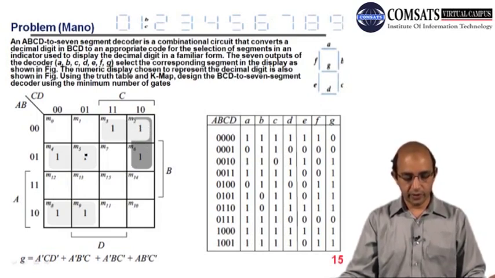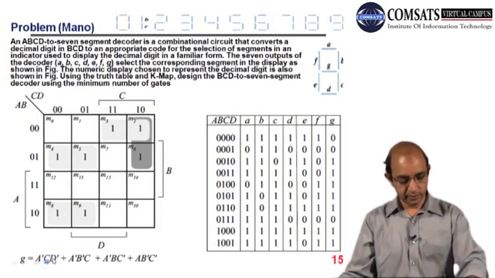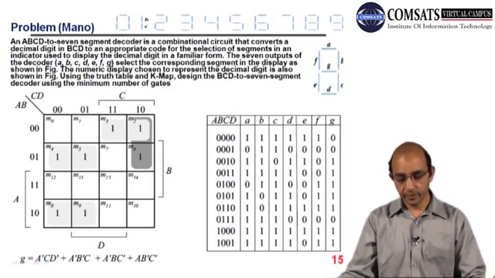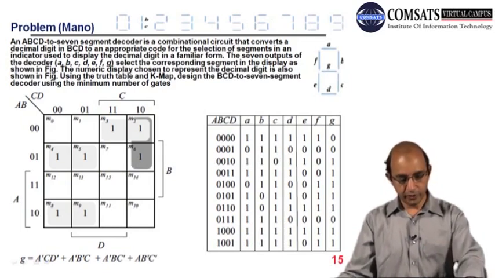So we have 1, 2, 3, 4 different pairs. So we are having 4 terms, each term having 3 literals. So this is the solution for the BCD to 7 segment display.